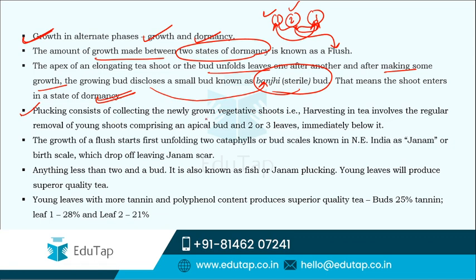These are a few important points I have taken. Plucking consists of collectively newly grown vegetative shoots. Plucking, or harvesting, involves regular removal of young shoots comprising the apical bud and two or three leaves just below the bud.